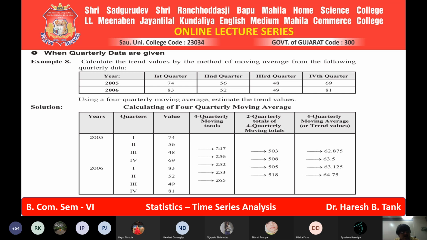What is to be done in this case now? 503 divided by 8. 503 divided by 8 will give you 62.875. 508 divided by 8 will give you 63.5. 505 divided by 8 will give you 63.125, and 518 divided by 8 will give you 64.75, and that becomes the trend values using the 4 quarterly moving average centered.